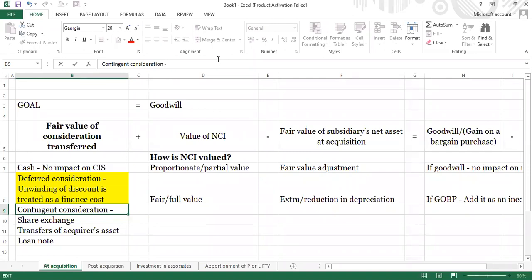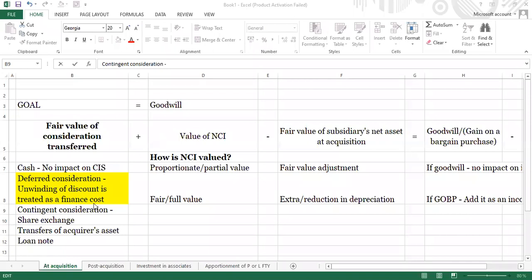I said, no problem. I will buy your subsidiary. If indeed this subsidiary is that profitable, in 2 years' time, if this subsidiary earns a profit of 2 billion, I will pay you more money. 2 years down the line, the subsidiary did not attain that target.